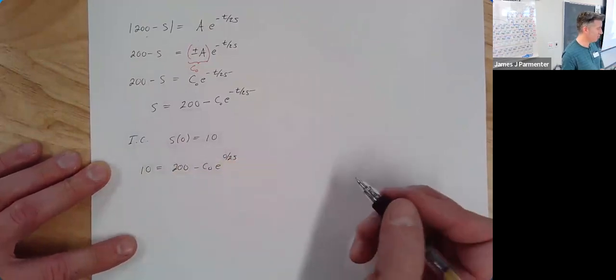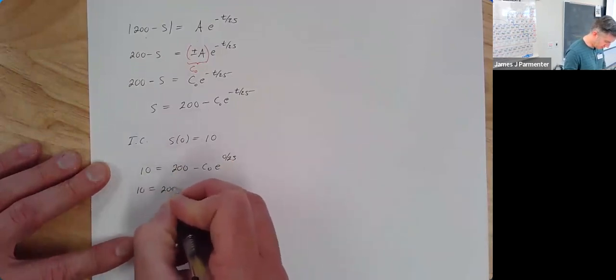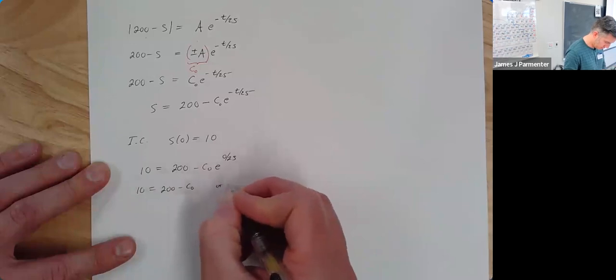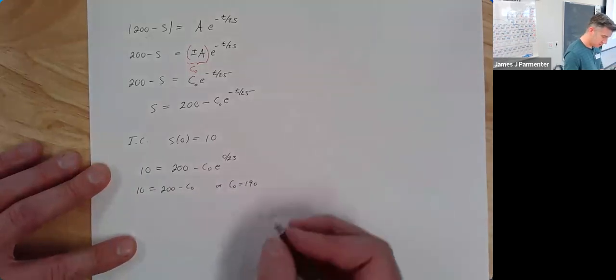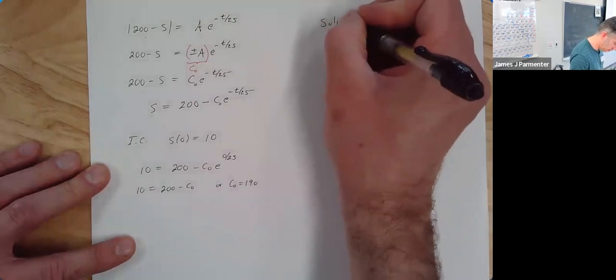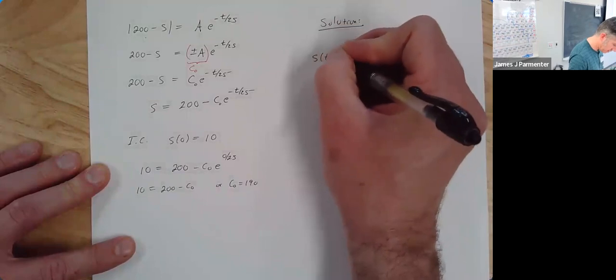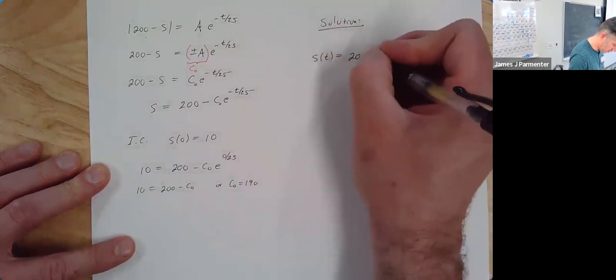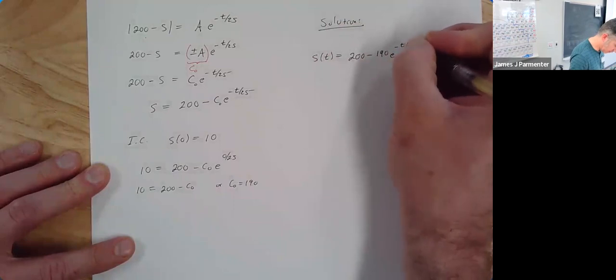The e to the 0 is just 1. So that means 10 equals 200 minus C naught, or C naught is 190. So our final actual solution is going to be S of t equal to 200 minus 190 e to the negative t over 25.